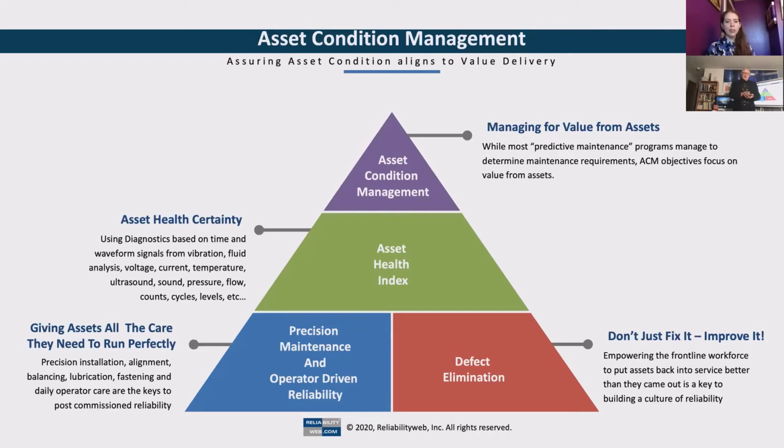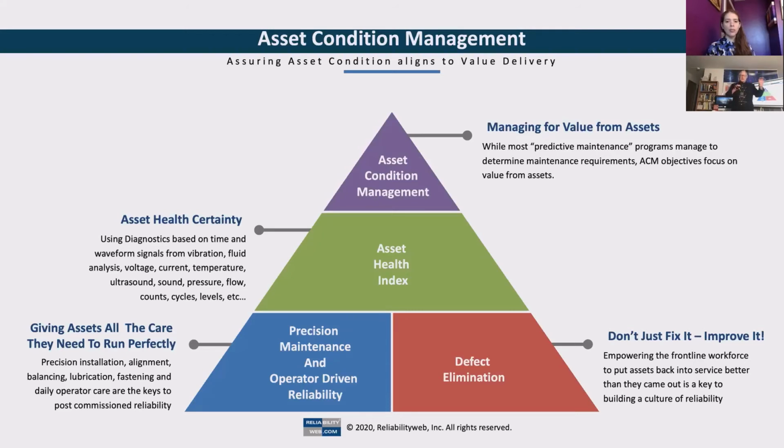The other thing we do is we focus cross-functionally, not just maintainers and operators, but engineers, purchasing, even HR, to start removing the defects that are beyond the control of maintenance. Process inputs are beyond the control of maintenance. Raw material is beyond the control of maintenance. Bad design, build, and install are beyond the control of maintenance. So we have cross-functional defect elimination.